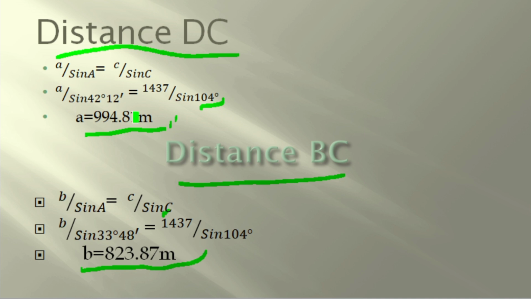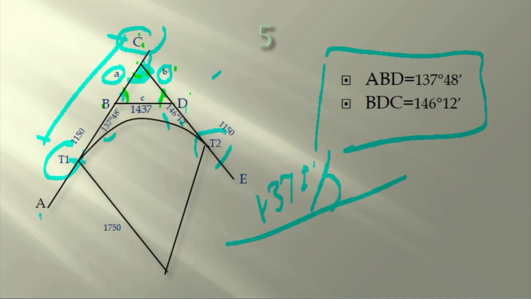So the distances that we have gotten are the same distances which we were supposed to calculate earlier, and by calculating those distances I will have gotten what we have here. So this is A and here we have B. We move ahead, so we need to subtract the distances that we have, T1 to B and D to T2.